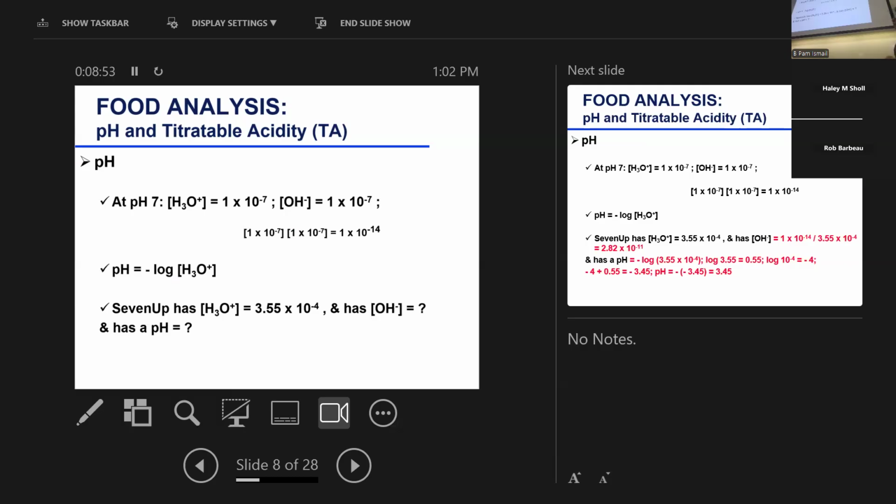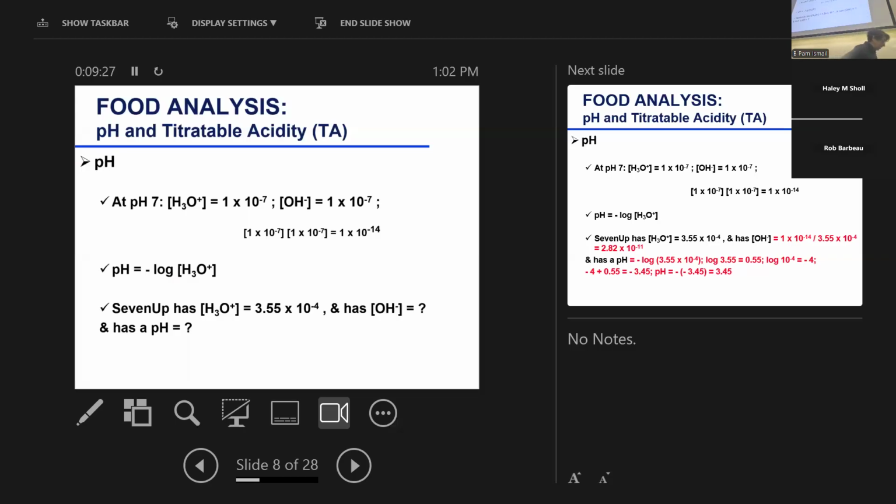So 7-Up has a concentration of hydronium ion of 3.55 times 10 to the minus 4. What's the concentration of OH and what's the pH? Apply that the multiplication of the two concentrations is always 1 times 10 to the negative 14. So apply that to get the concentration of hydroxyl groups and then calculate pH.